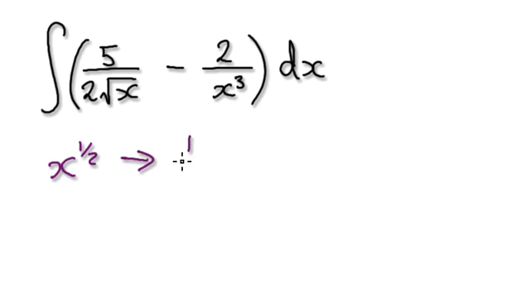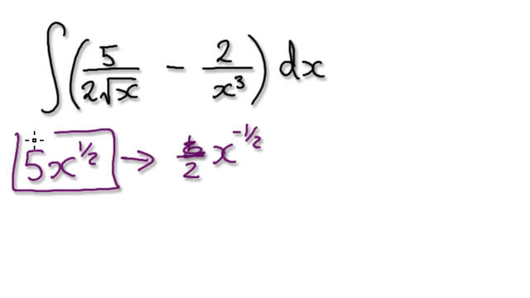It will give you 1 over 2 times x to the power of minus a half. Well, this is almost close. To make the adjustment, we want the 5 to be up here really. So our adjustment should be a 5 here. So when you differentiate this, it will give you this thing here.